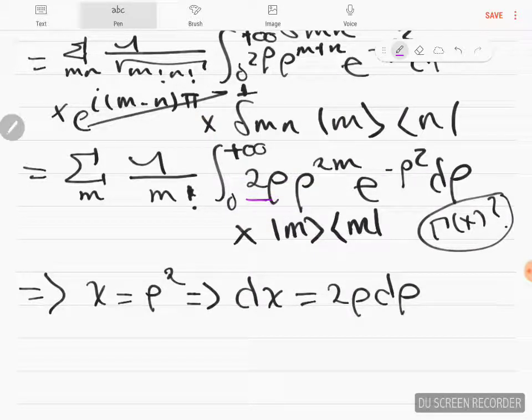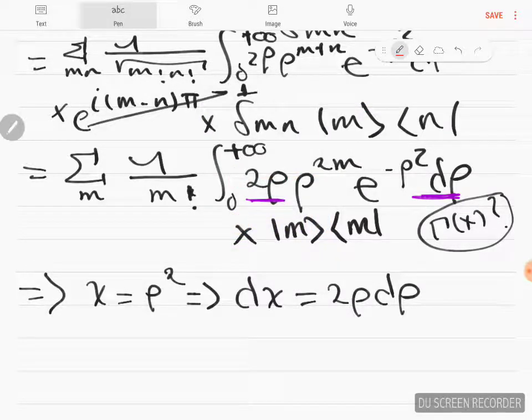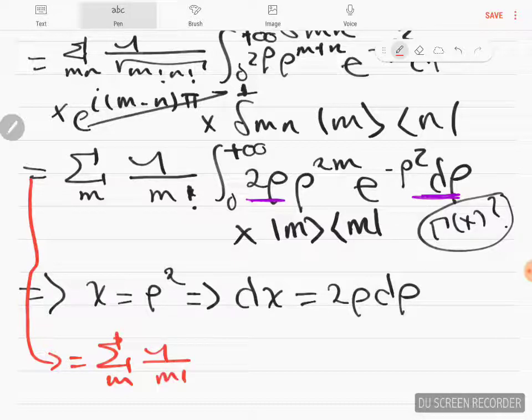We have here 2 rho d rho in purple. So we can easily rewrite this integral as a function of x in the following way. So this integral, the complete integral, I mean, the complete result.